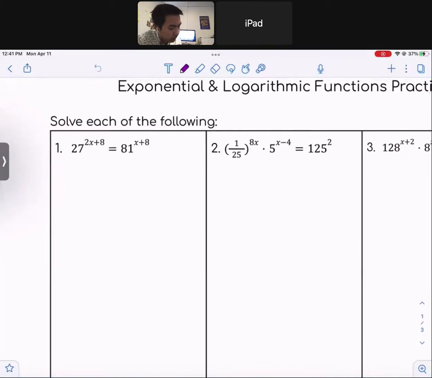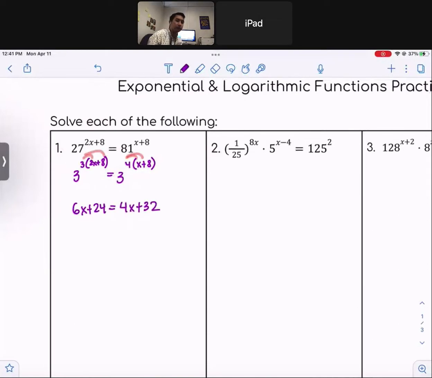So between 27 and 81, we can get a common base of 3. So 3 to the third power is 27, times the 2x plus 8, equals 3 to the fourth, times the x plus the 8. So we distribute there, and because they have the same base, we can just set both of the exponents equal to each other.